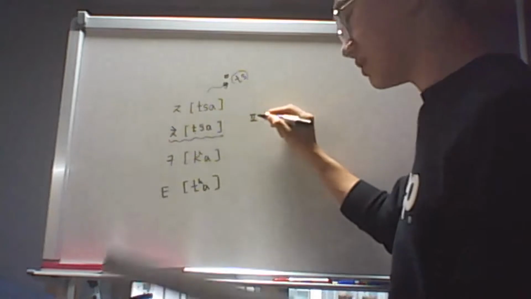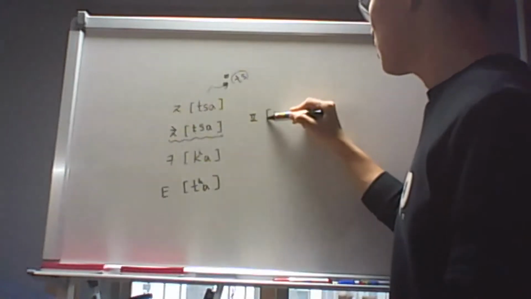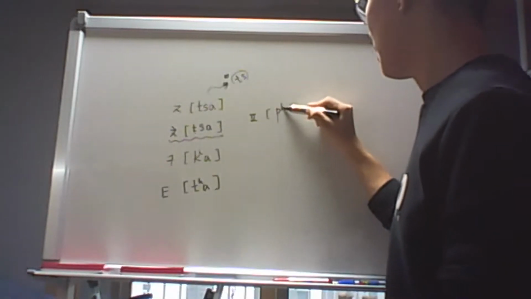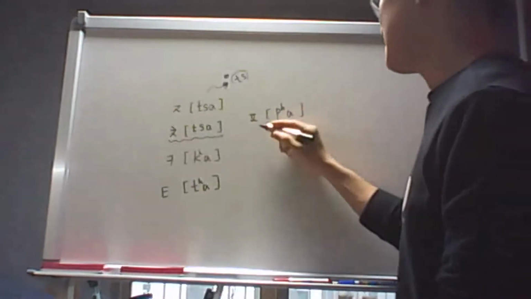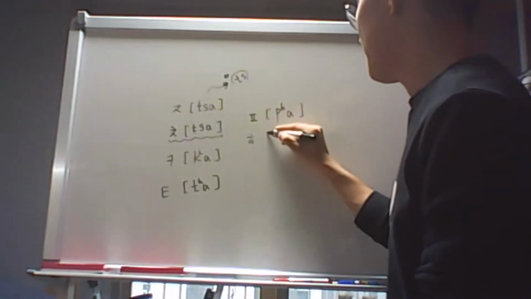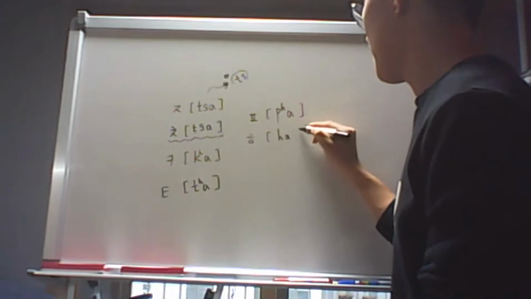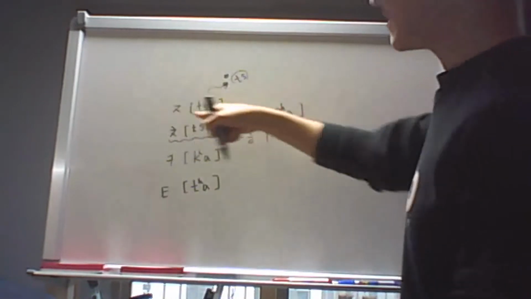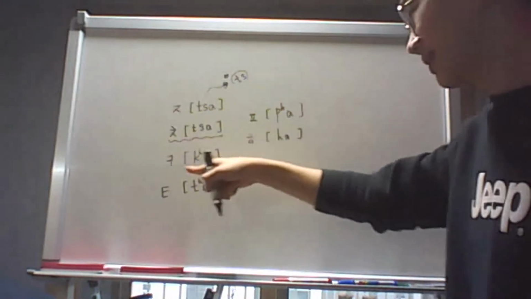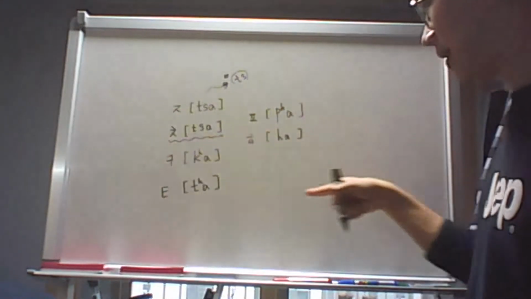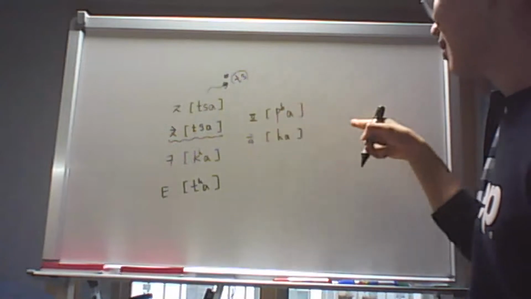And this also is not ba, it is pa. Last is ha. Ja, cha, ka, ta, pa, ha.